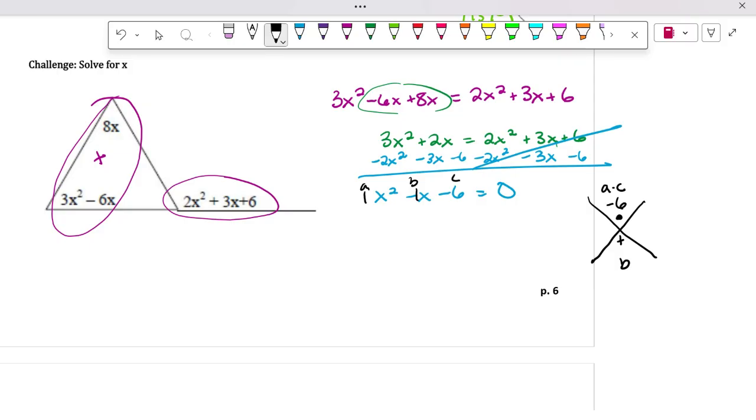What is B? -1. So what are two numbers that will multiply to -6 but add to -1? 2 and -3. Now, since our A value is 1, we can just write it as our factors. So this will be x minus 3 times x plus 2, still equal to 0.